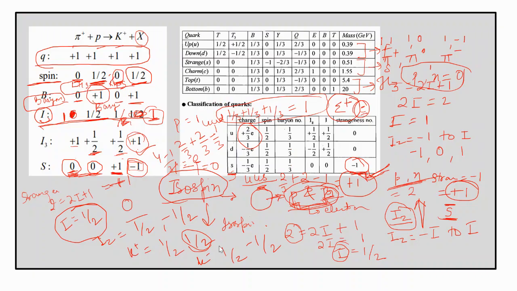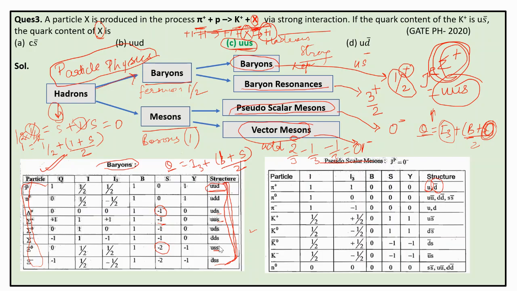Okay, I hope this question is clear to everyone. The other way, you can easily look at the options to see which one is correct. You know very well that this is a baryon, and strangeness is coming. These two options are made up of quark and anti-quark, and I already told you that mesons are made up of quark and anti-quark.